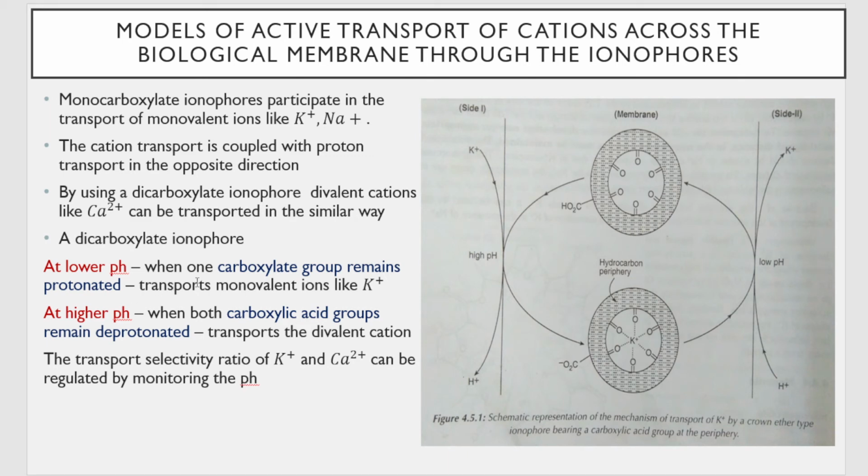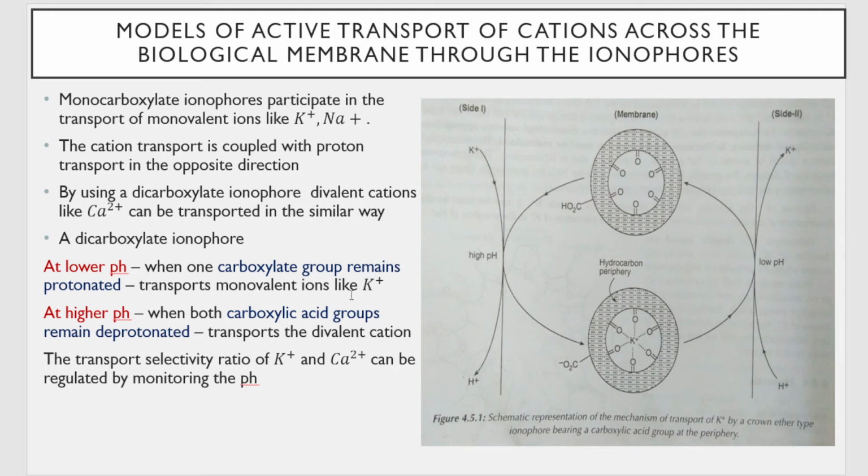So, since only one group is in the deprotonated form, it will transport a monovalent ion like K plus. Whereas high pH supports deprotonation. At high pH, both these carboxylic acid groups remain deprotonated. So they will transport a divalent cation. Are you understanding the difference? At low pH, only one remains protonated, or you can also tell it as only one remains deprotonated.